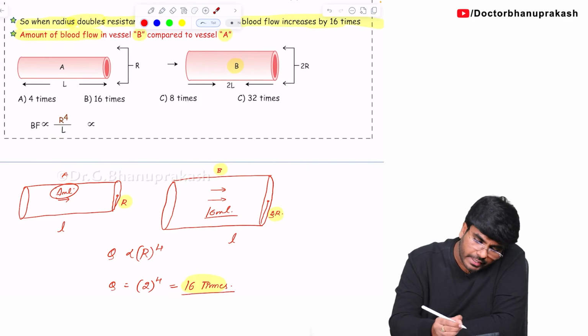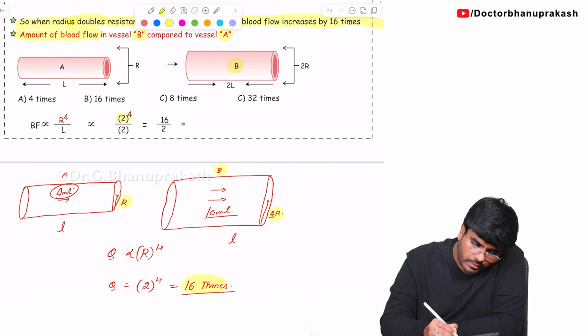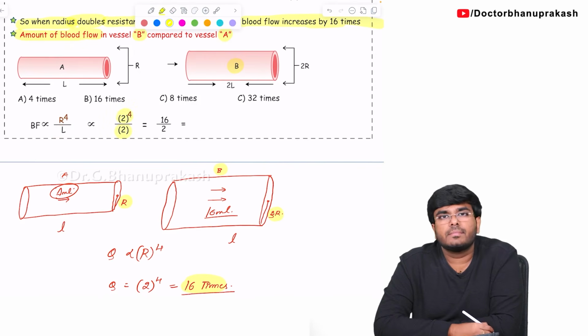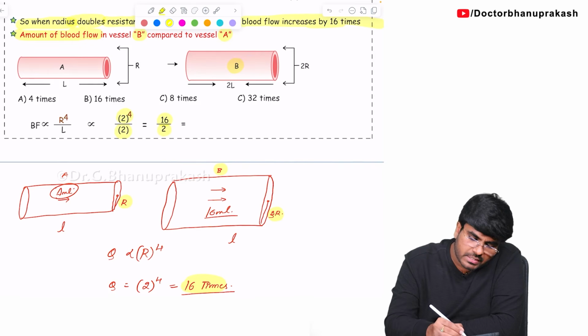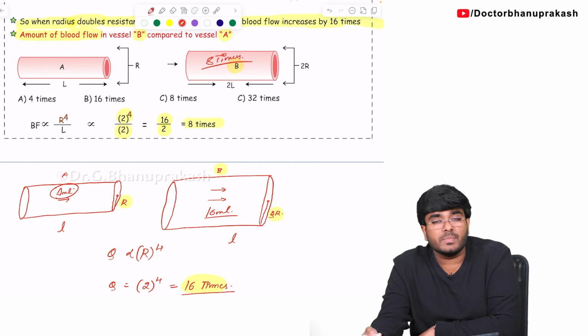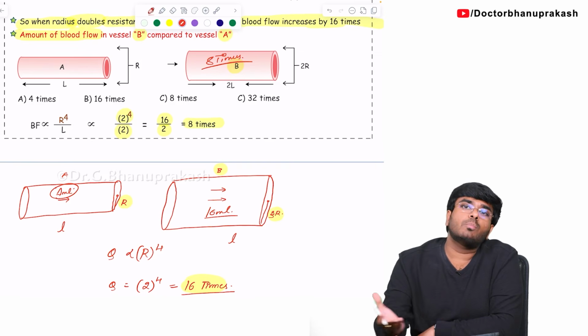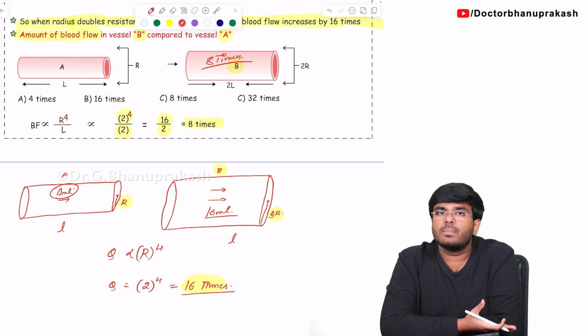The radius gives 2 to the power of 4, but length also doubled, so that is 16 divided by 2, which is 8 times. So in blood vessel B there is going to be 8 times more blood flow. Why not 16 times? Because not only is the radius increased, but also the length. Length is going to create more friction, so that decreases the blood flow.